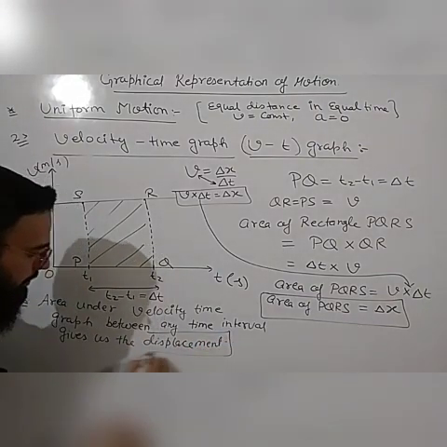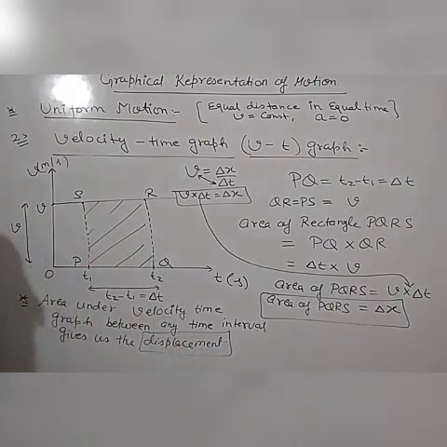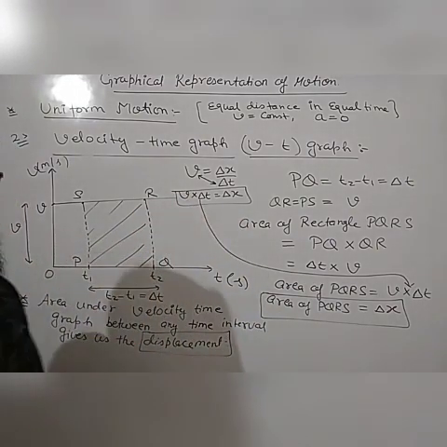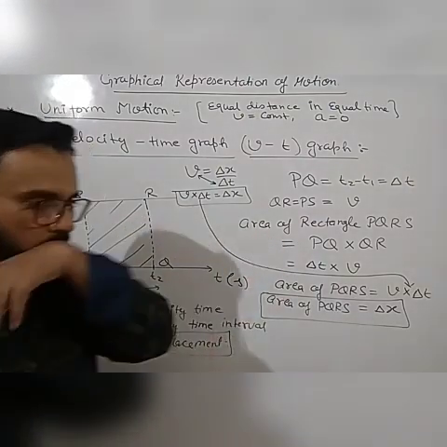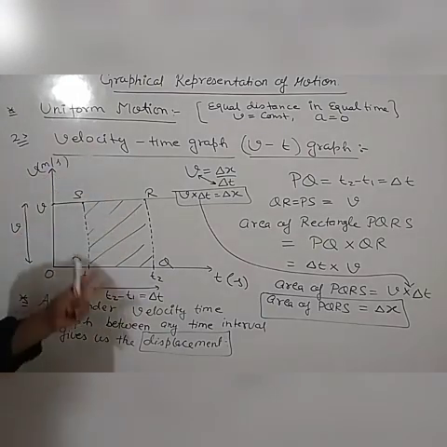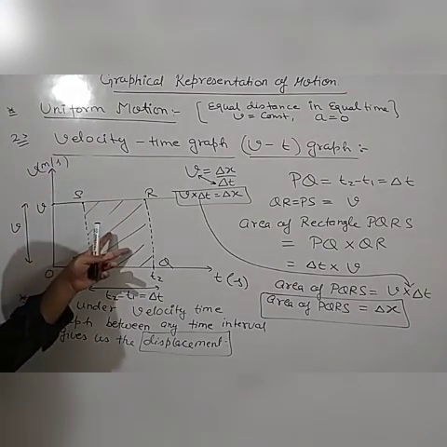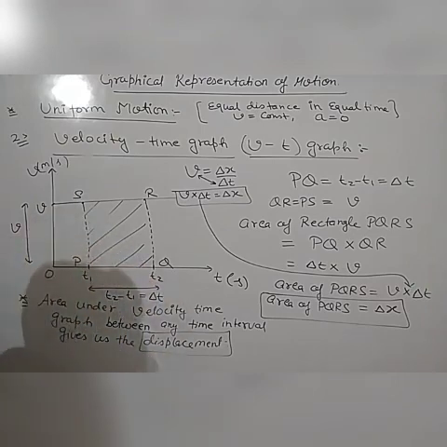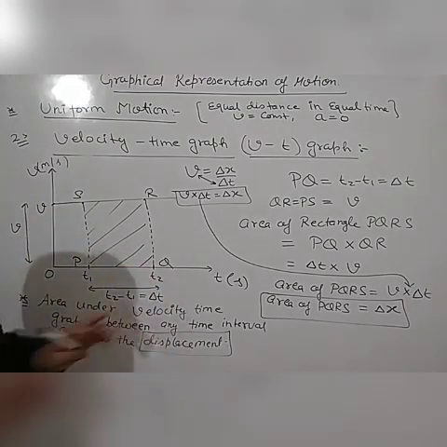This is the main thing. It gives us the displacement. It means if you are given a velocity time graph of uniform motion, or it may be of non-uniform motion, we will discuss it later on. If you find the area of that particular graph between any two time intervals, then that area will always be equal to displacement.